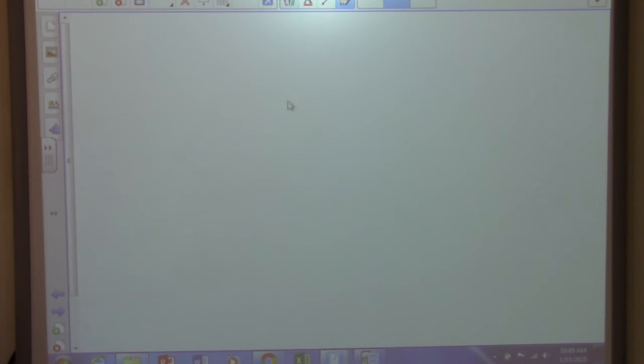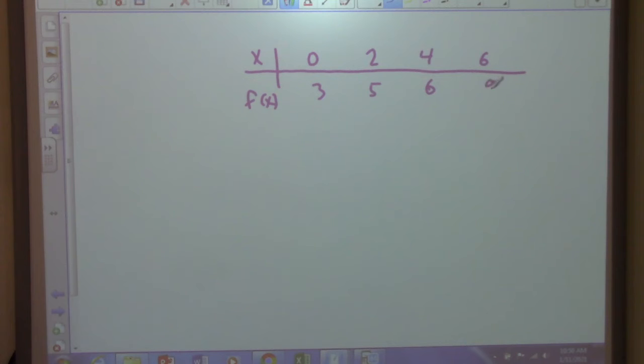The table is like this, x, f of x: 0, 2, 4, 6, and down here we have 3, 5, 6, 9. And we're trying to estimate f prime of 3.